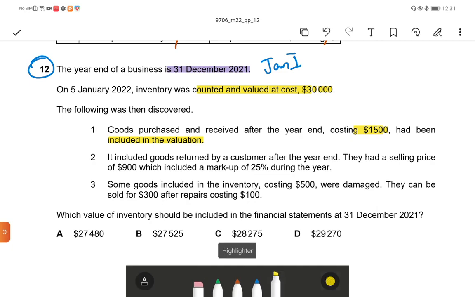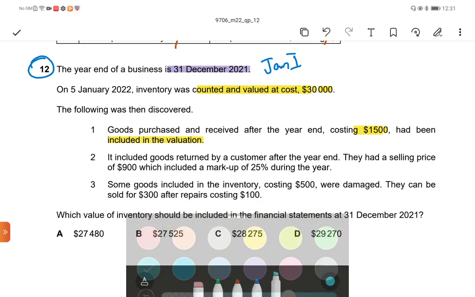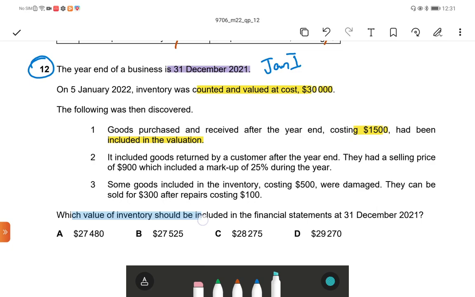So what is the question they are asking? Which value of inventory should be included in the financial statements on 31st December. But these goods were purchased and received after the year, so this 1,500 we should deduct.